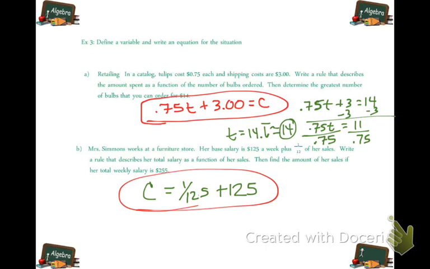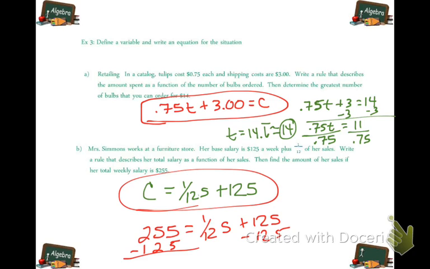So we don't know how much her sales is, but her salary is $255 equals S plus 125. Subtract 125. Then 1/12 times 12.